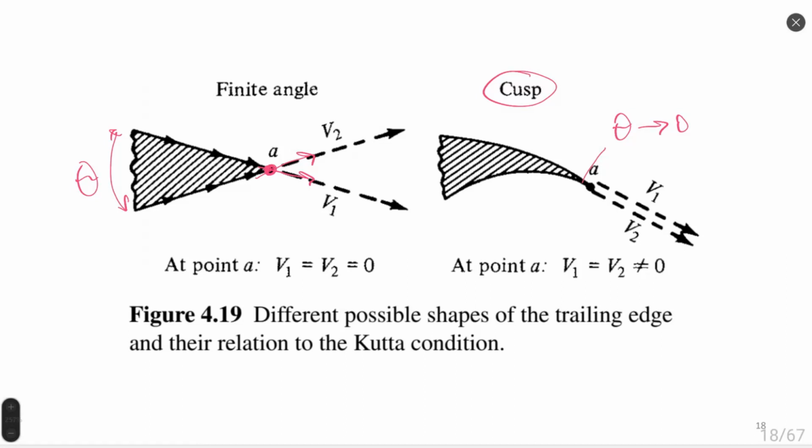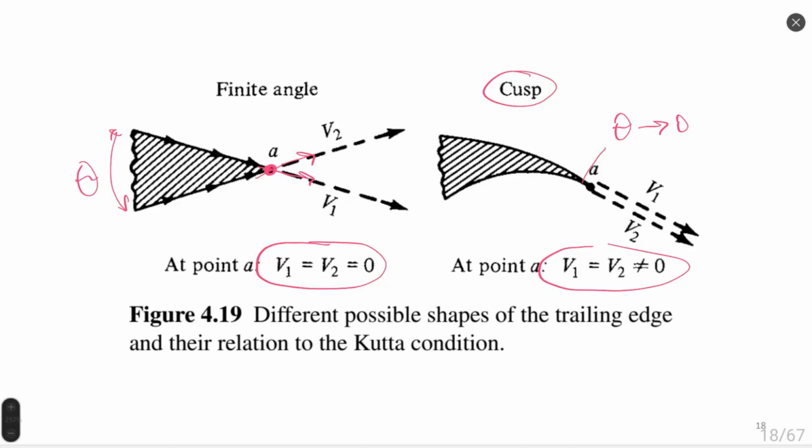And in such case, since they are on the same point A, they are equal. Because on the same point, you cannot have velocities of different values. On the same point, you have same velocity, right? Same velocity, same direction, and same size. So V1 is equal V2 and not equal to 0 for cusped edge, and for finite angle, V1 equal V2 and is equal to 0.